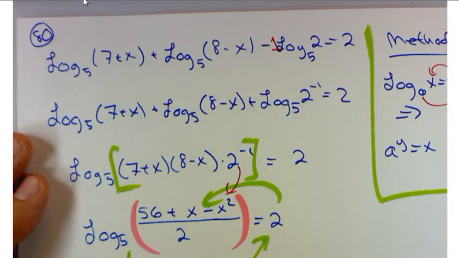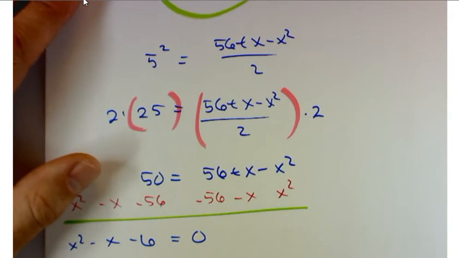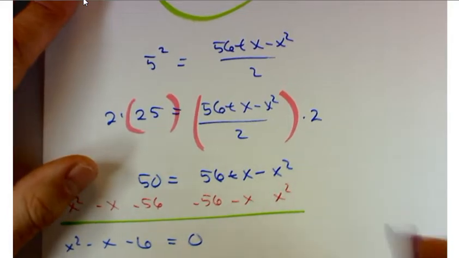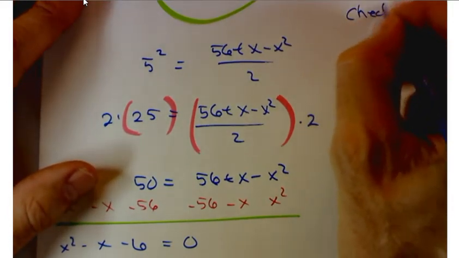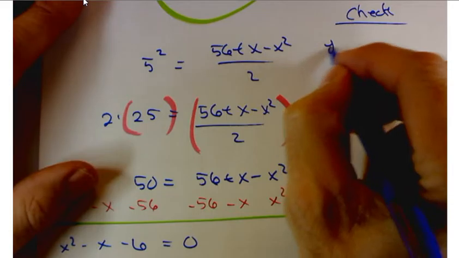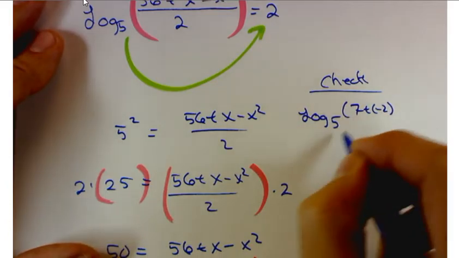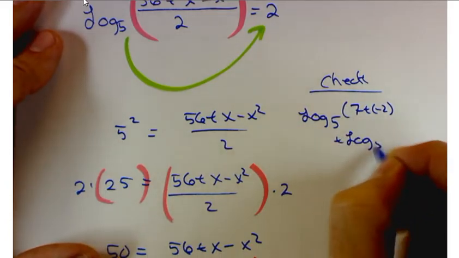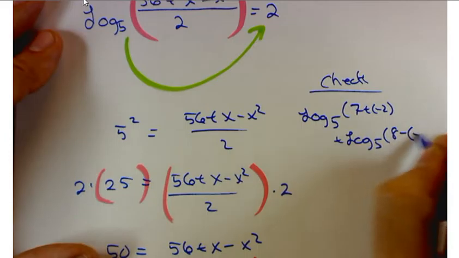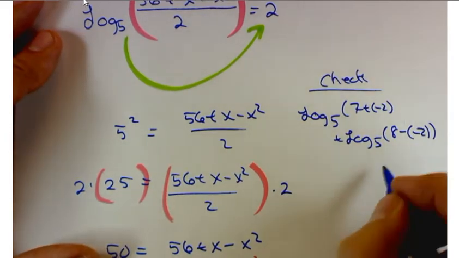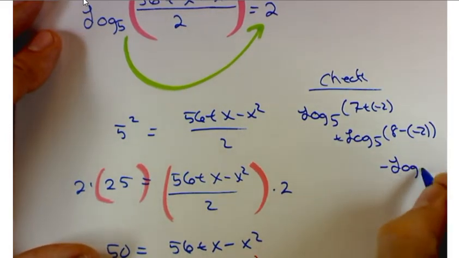No, you don't want to cancel that one. If you were to check it, there's nothing wrong with it. We get log base 5 of 7 plus negative 2 plus log base 5 of 8 minus negative 2 minus the log base 5 of 2 equals 2.